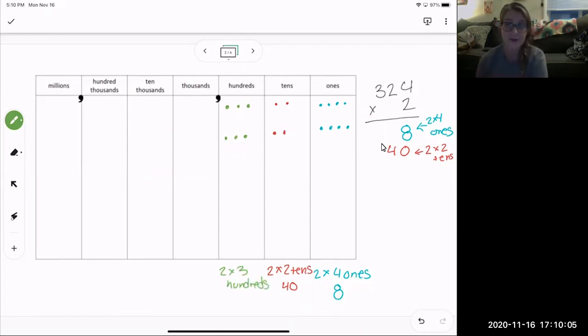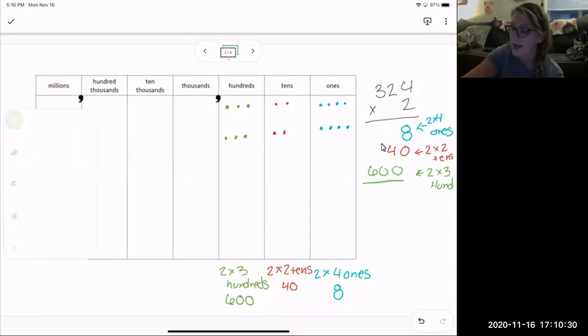We know 2 times 3 is 6, and 2 times 3 hundreds would be 6 hundreds, which is equal to 600. Okay, so here, 2 times 3 hundreds. Okay, that gives us 600.